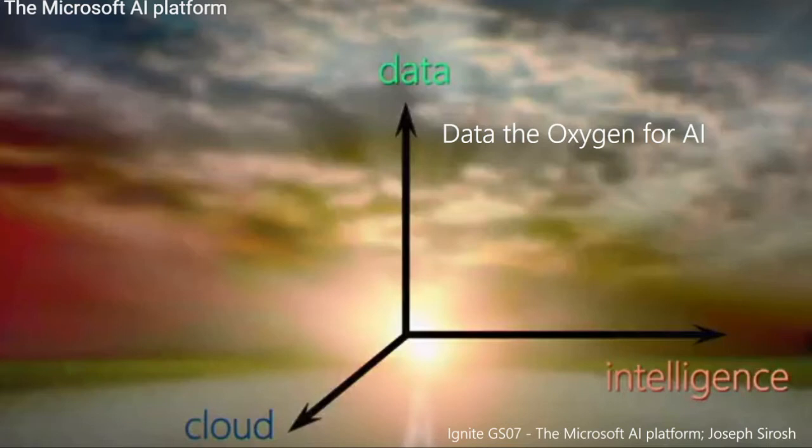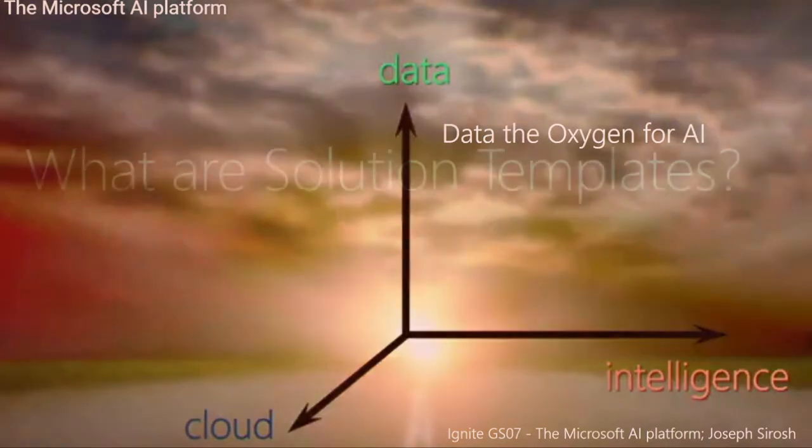There may be a scenario where you want to use a globally scalable NoSQL database as an example. And of course, all of this makes intelligence much more possible and available to more people as a result.